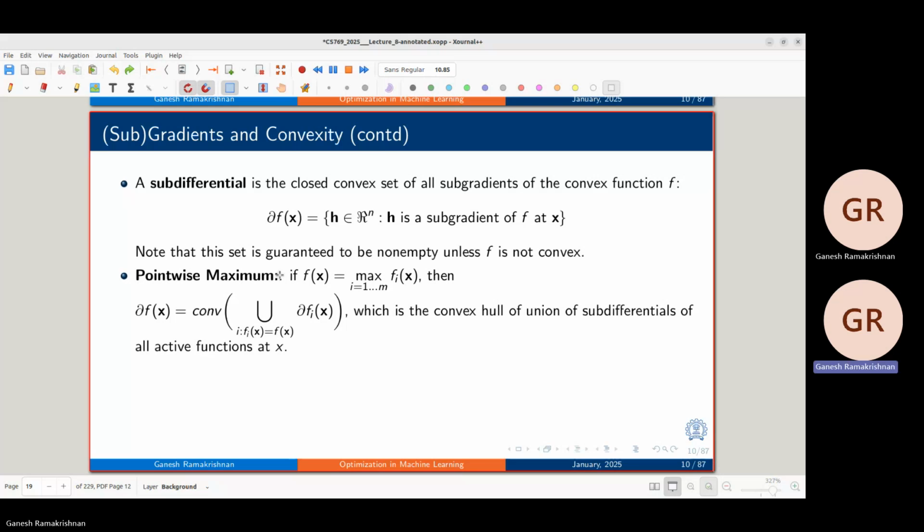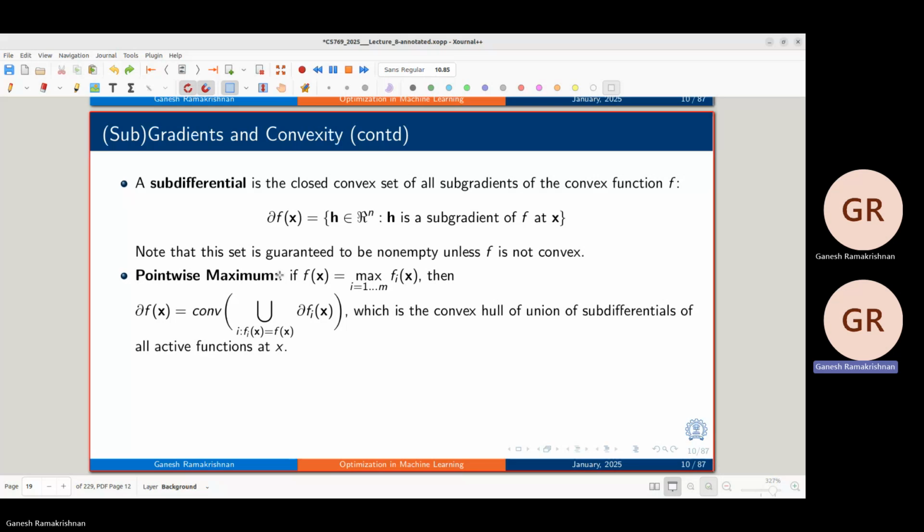On this side, the max coincides with the green. Green got erased here. So this is with respect to all such active points. Those points have a name, or the active functions. The points corresponding to where the active functions take the max are the active points. So you will consider those.